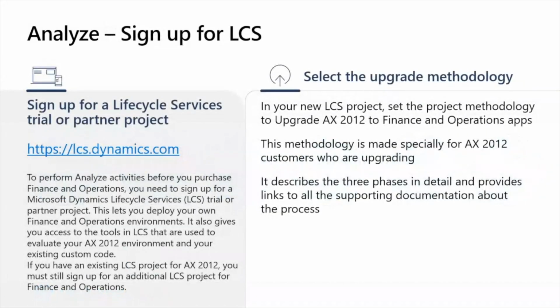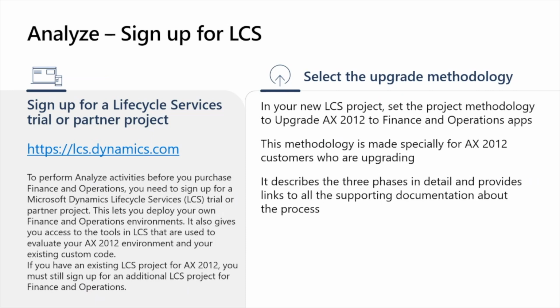So starting with the first step, to sign up for LCS, you could either sign up for a trial project, like if you have no Dynamics 365 licenses at all, you can go for a trial. Or if you are already working with your partner, they can create a project for you and give you access to that. The key thing is, as soon as you have access to LCS, the next step would be to create your project.